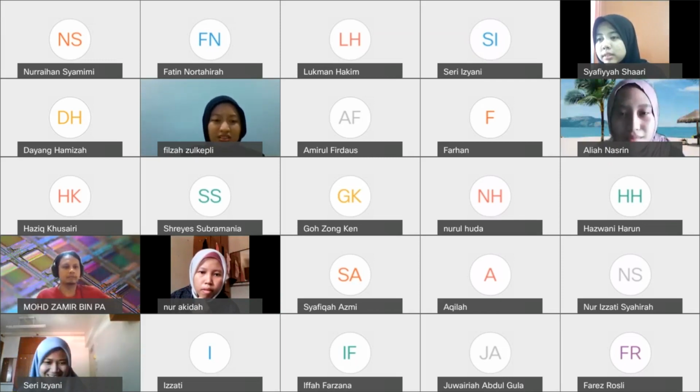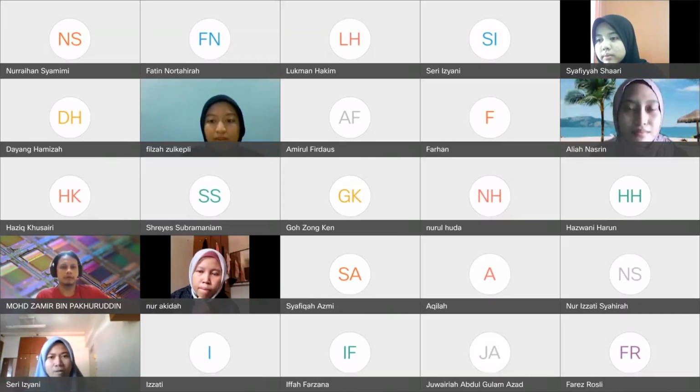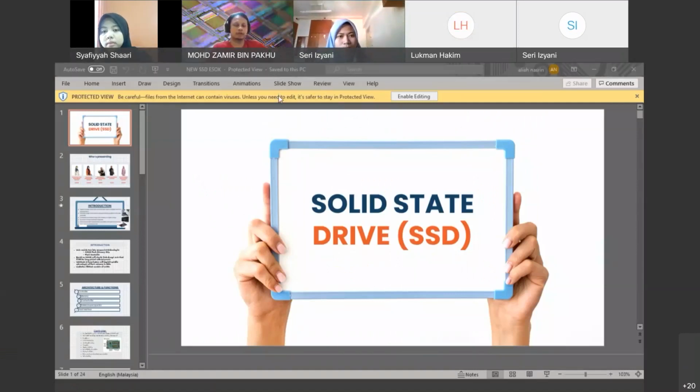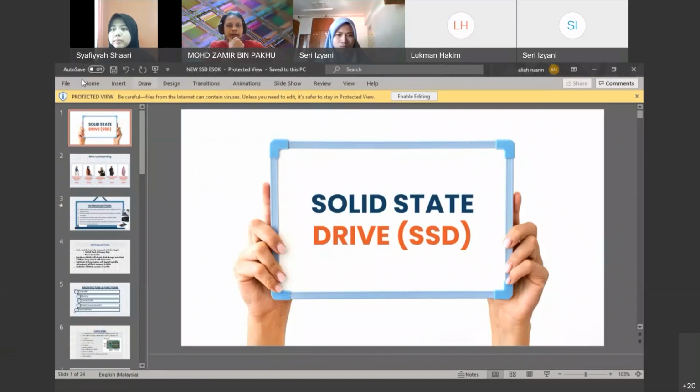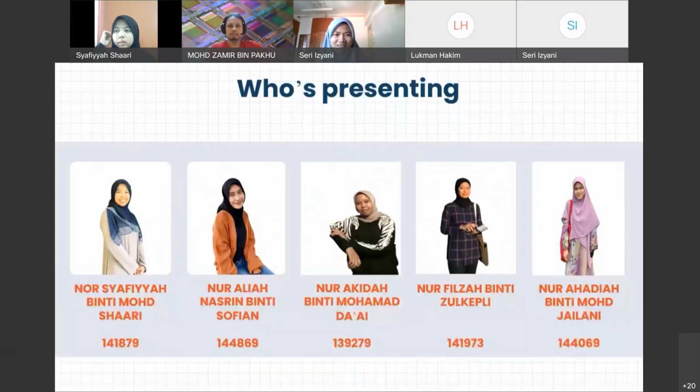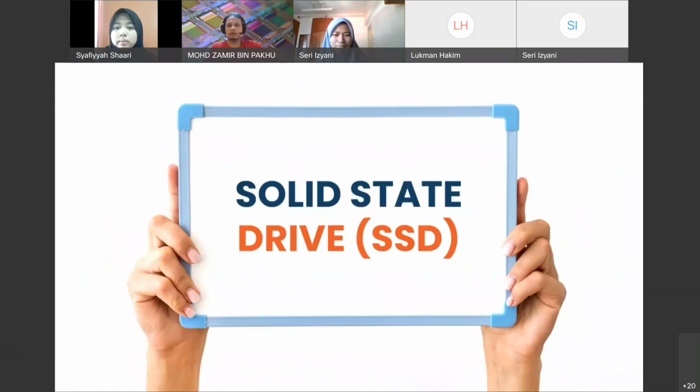Okay, Alia. Okay, I can see your screen now. You can zoom in. Go to the show mode. Bottom right, ada slideshow, ada presentation mode. You can go bottom right. Yeah, cool.